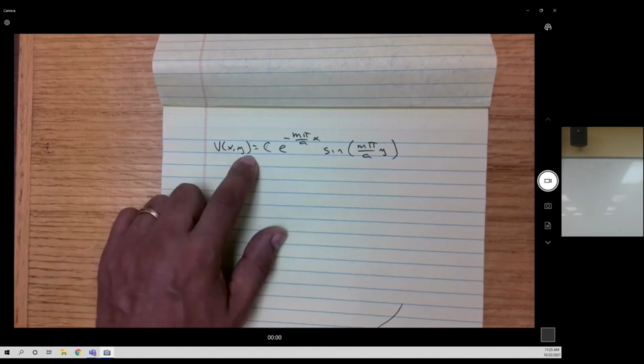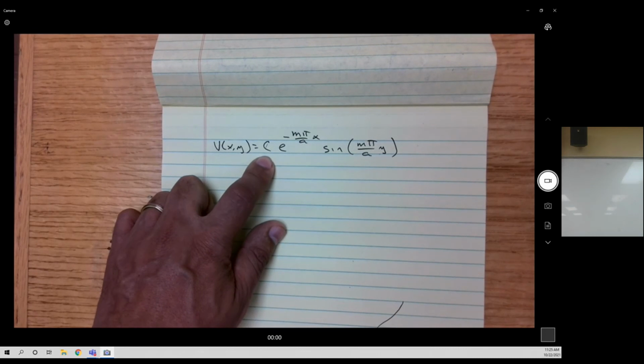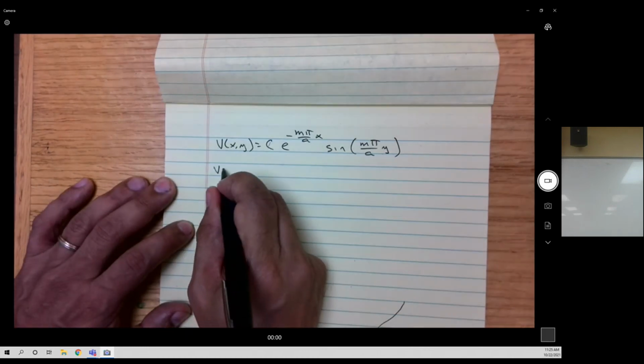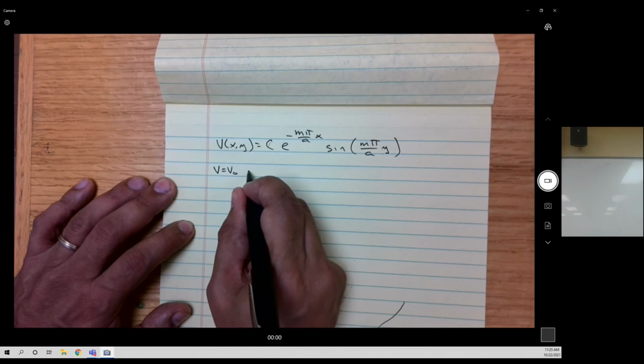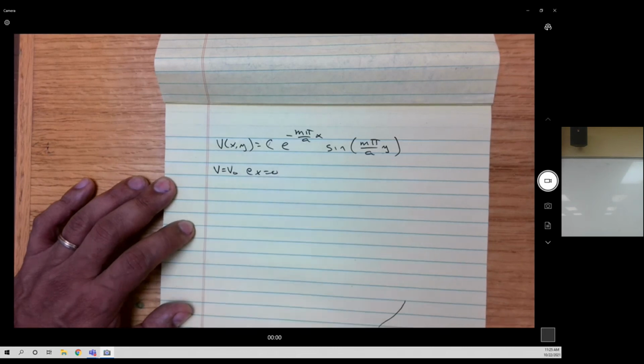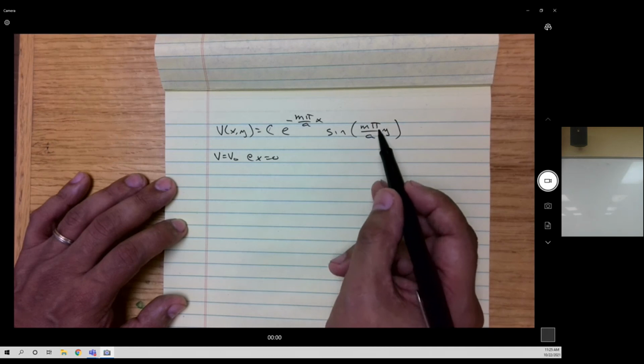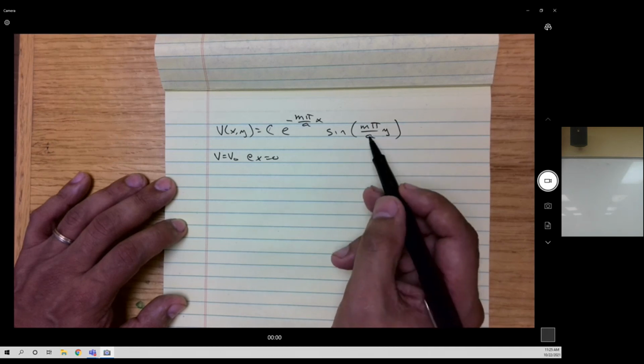So we still need to find this constant to find the final solution. So we still need to apply the last of our boundary conditions. The last of the boundary conditions is that V is going to be equal to V naught when x equals 0. Now the problem is that we're going to have an m number of solutions.